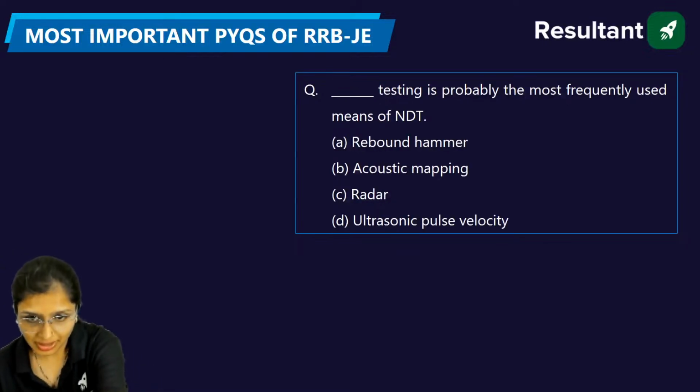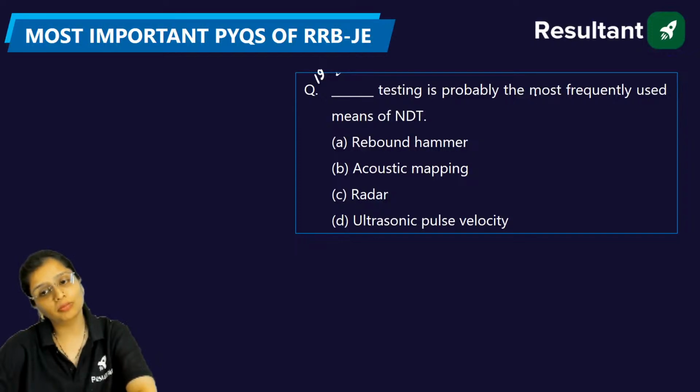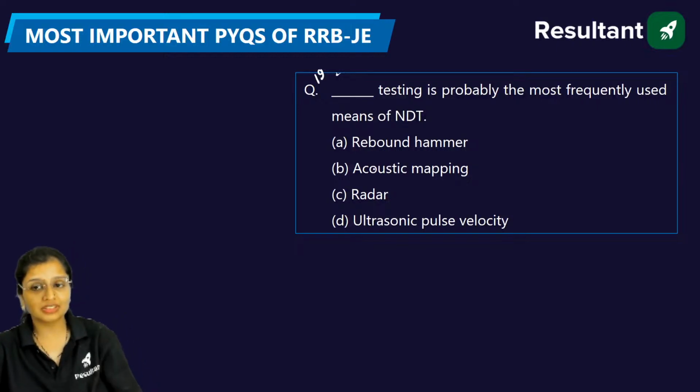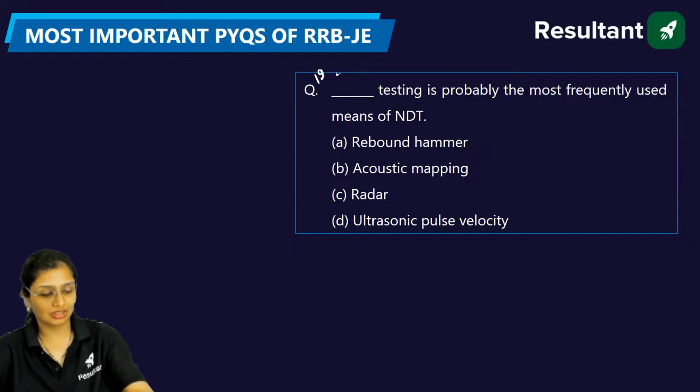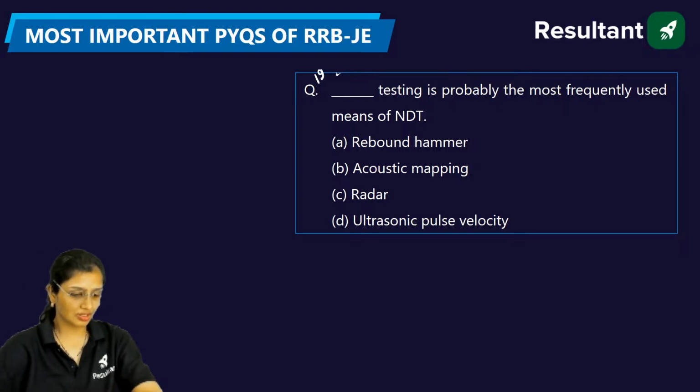Ductility is the ability to be drawn into thin wires. The dash test is probably the most frequently used means of NDT. That means non-destructive test. Which is the non-destructive test which you conduct? I have done this question before also. Non-destructive test, most frequently used.